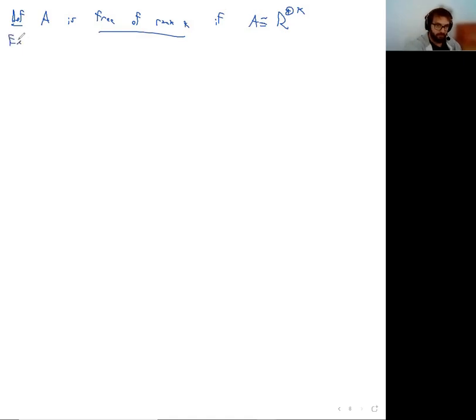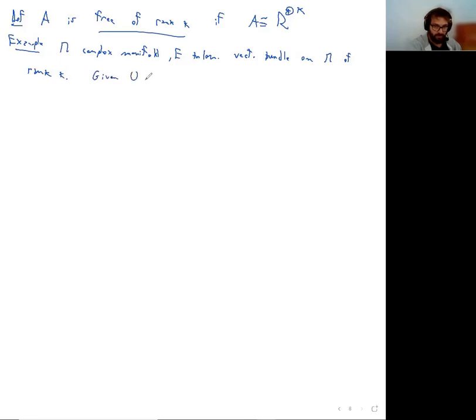An example, which is maybe more relevant to us and perhaps you've never seen, I hope, is that if you have a complex manifold M and a holomorphic vector bundle E on M of rank k.